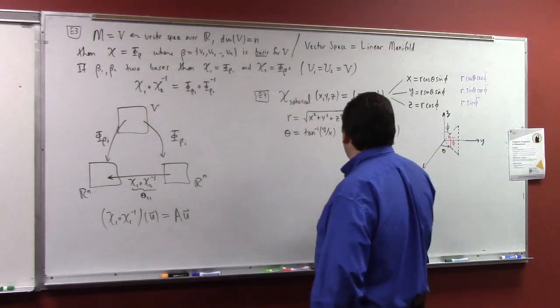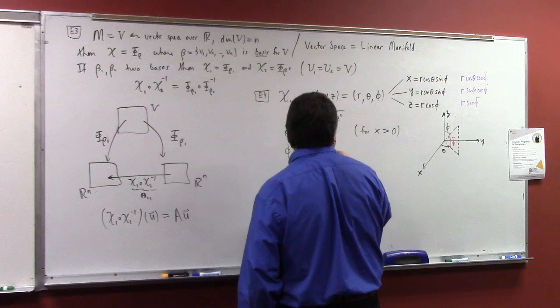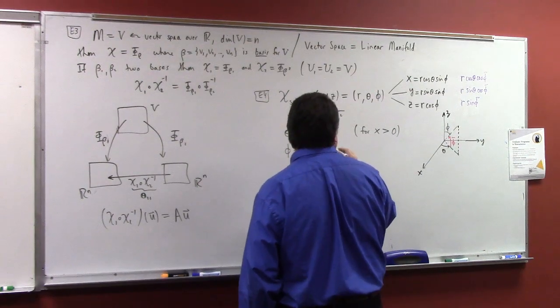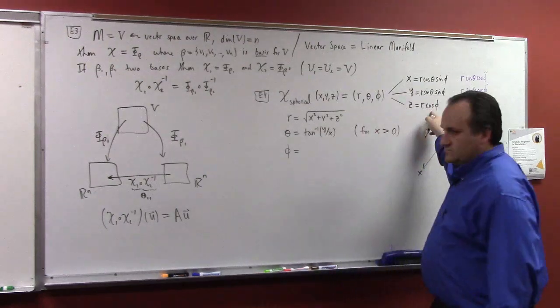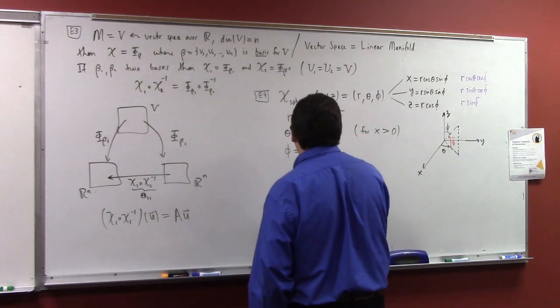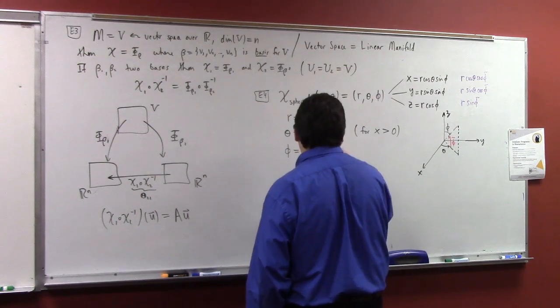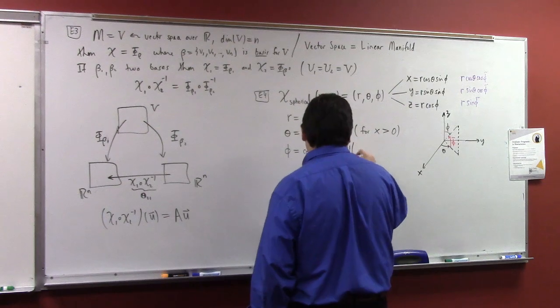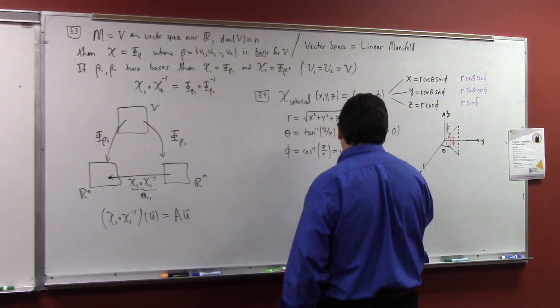Anyway, and then phi, well, we can solve for phi if we look at this equation here. So it's just inverse cosine of z over r, which in this context is inverse cosine of z over the square root of x squared plus y squared plus z squared. All right.